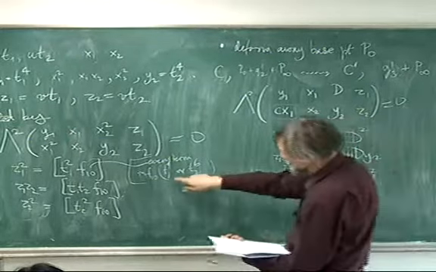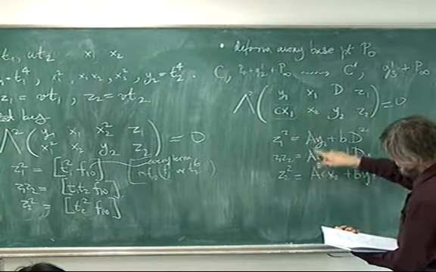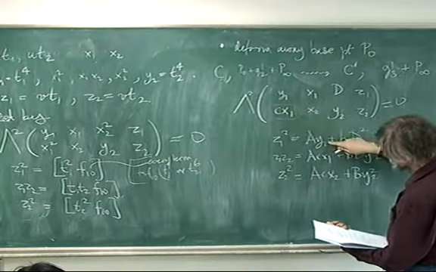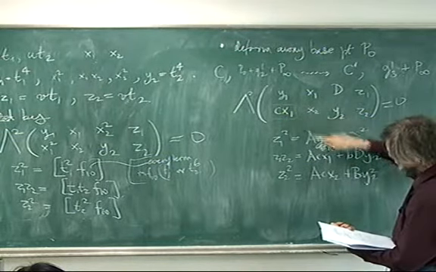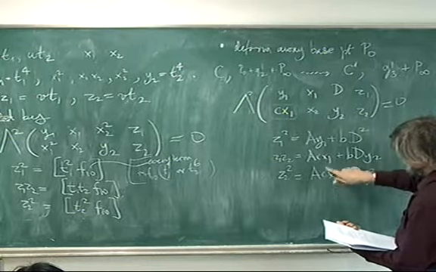So the stuff which has got lots of t in it, I can think of that as a multiple of y1, and then I can replace y1 by cx1 here, and then x1 by x2 here.